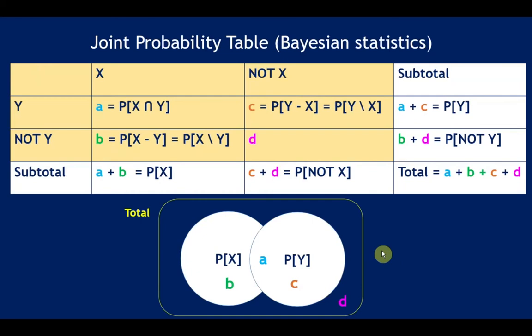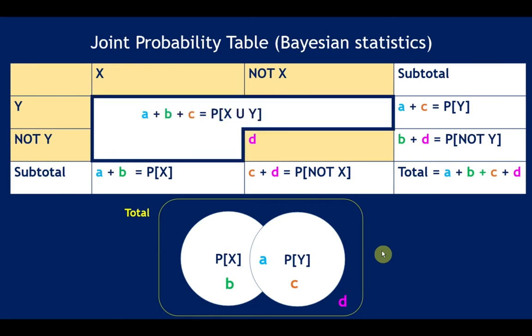And we can see that on the joint probability table, where you can see that the union between the two is a plus b plus c. And you may know the probability of x, probability of y, but you don't know what the value of a is, which is the intersection.